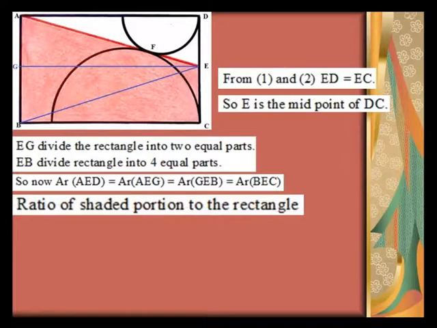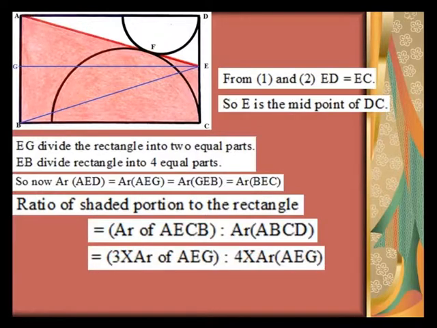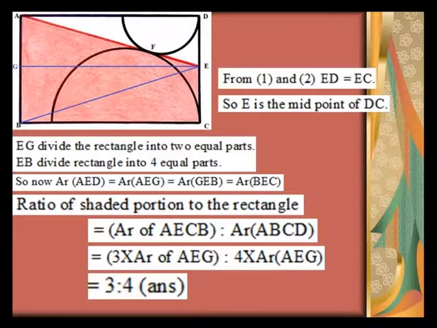So the ratio of the shaded portion to the rectangle is the area of AECB to the area of ABCD, which is 3 times the area of one triangle AEG to 4 times the area of one triangle AEG, which is 3:4.